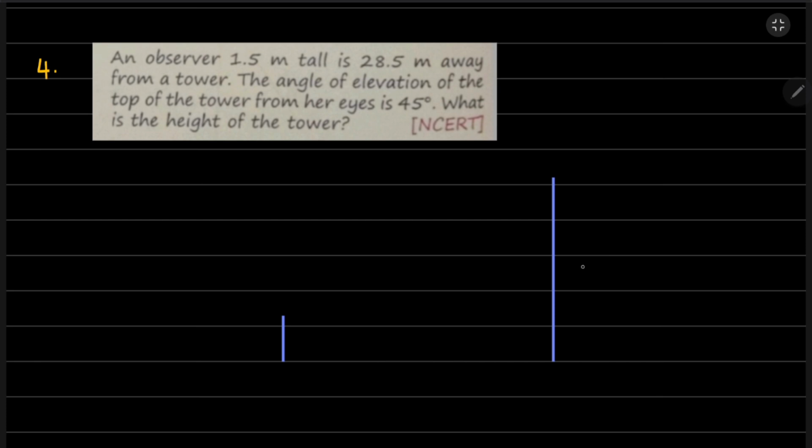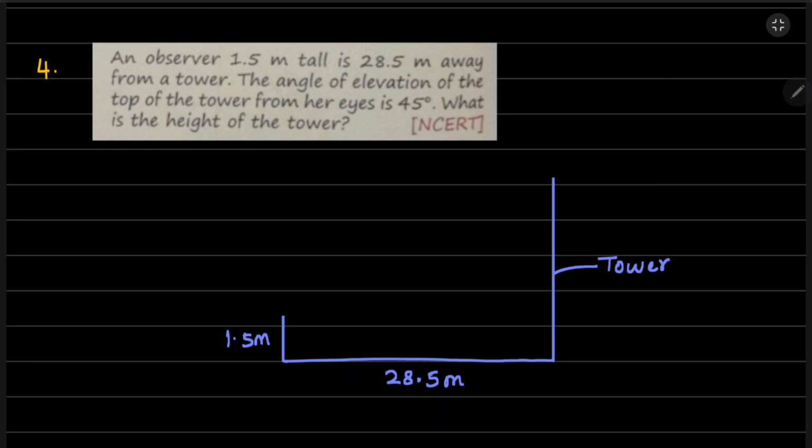Okay, so let me write it. So this is your tower. Okay, and this is the observer of height 1.5 meters. An observer 1.5 meters tall is 28.5 meters away from the tower. So what is the distance? 28.5 meters.